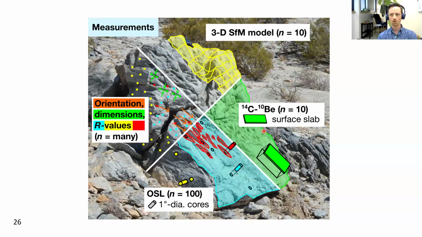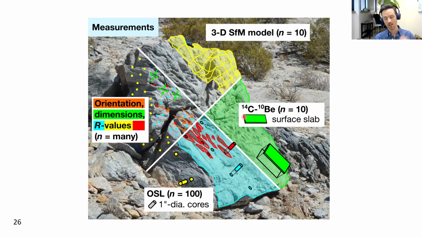These are the measurements that we're going to make on these ventifacts. The goal is to target 10 ventifacts in total. We'll make 3D models of their morphology. For each ventifact, we're going to collect one sample for cosmogenic radionuclide analysis.